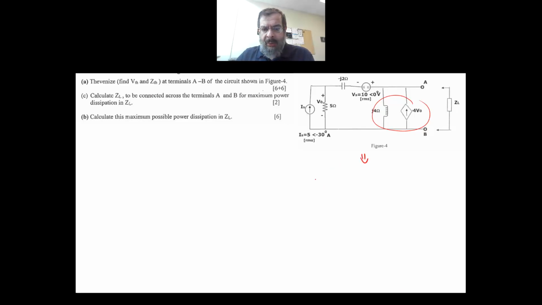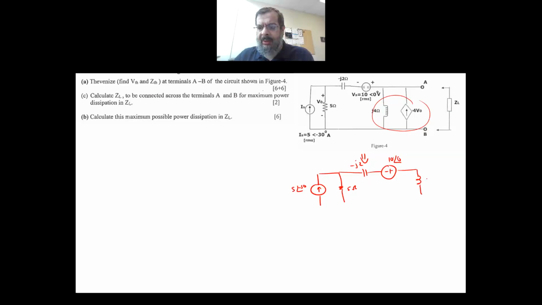So now this is my circuit, so I will keep this as is, where I have here the 5 angle of minus 30. I will have here the 5 ohm, and then minus J2, minus plus 10 angle of 0. And I will do source transformation here. There is no harm in that.